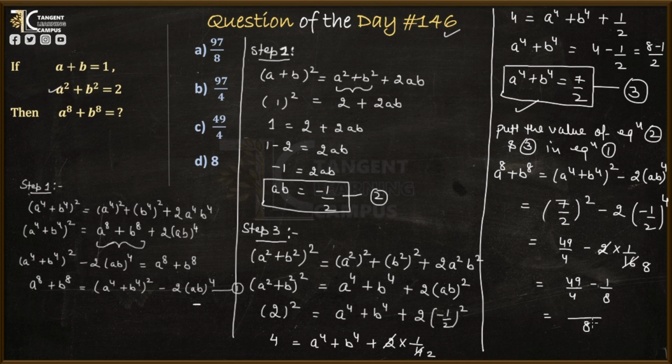So we have 8 in the denominator and 49 into 2 is 98, minus 1. So basically we have 97 by 8 as the value of A⁸ + B⁸. So this is the final answer for this question, and here we see that option A is the correct option.